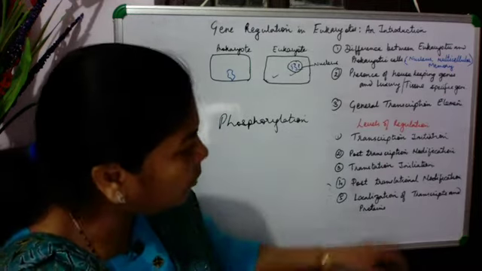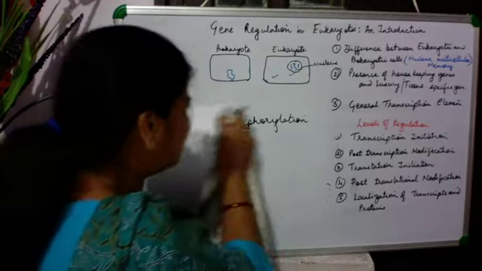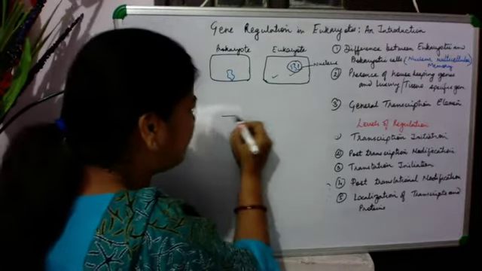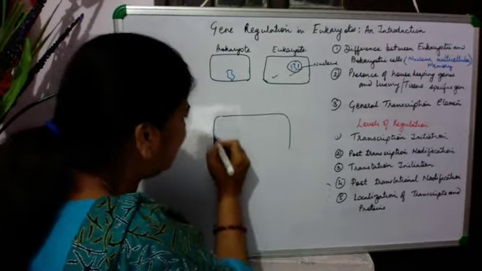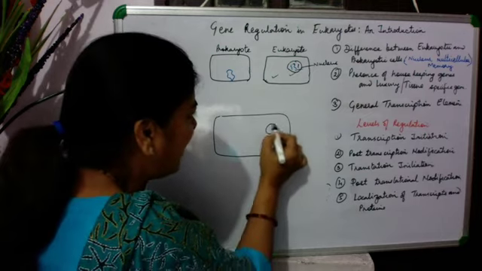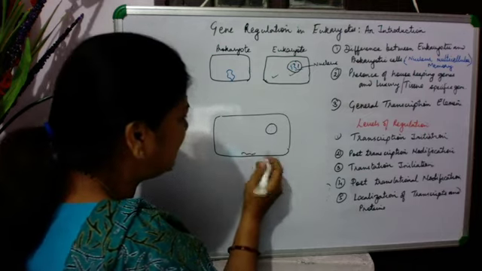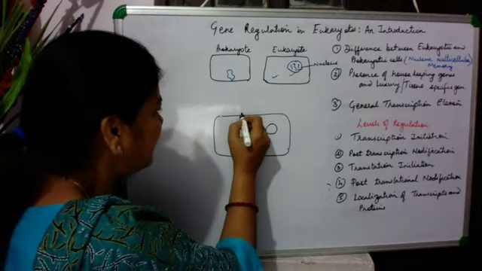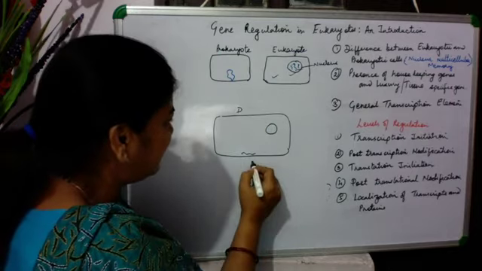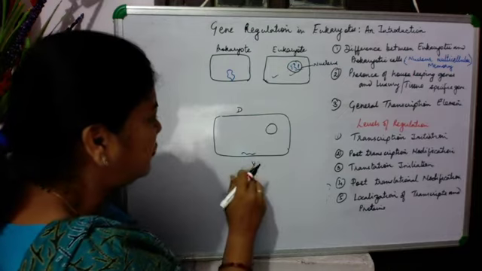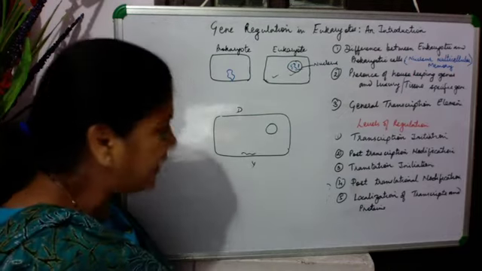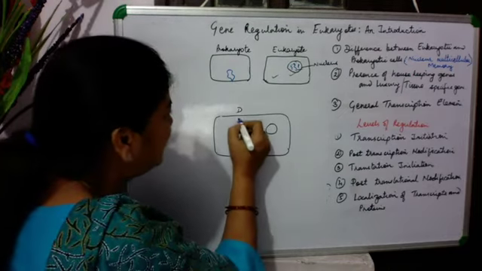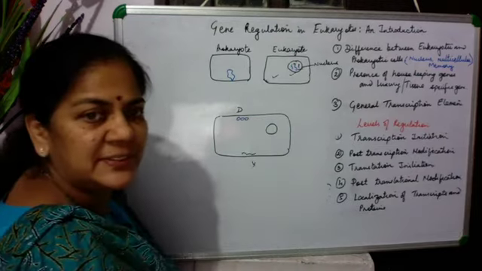Then you have localization of transcripts and proteins. This is again an important step. What I mean by this is, let's say this is a cell, and an mRNA that is produced is present over here. If this is the dorsal side and this is the ventral side, the protein produced by this mRNA is actually required on the dorsal side.